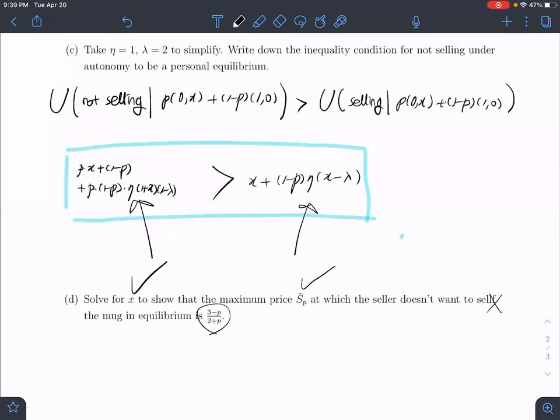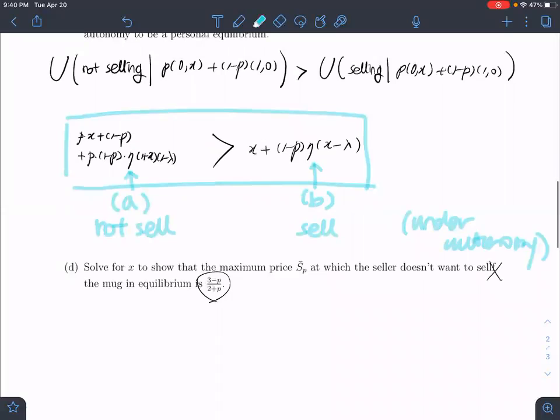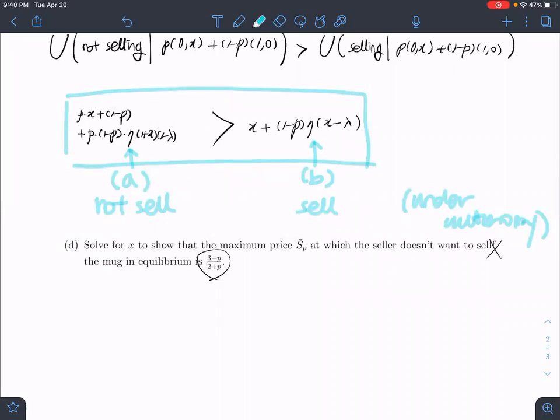Yes. Let me be clear. Good question for where we are going. This is the answer from question A, and we are plugging in the answer from question B. So this is not selling. This is selling, of course, under autonomy. And then in question D, we are using this inequality, so we are going to use it here and then solve for x.